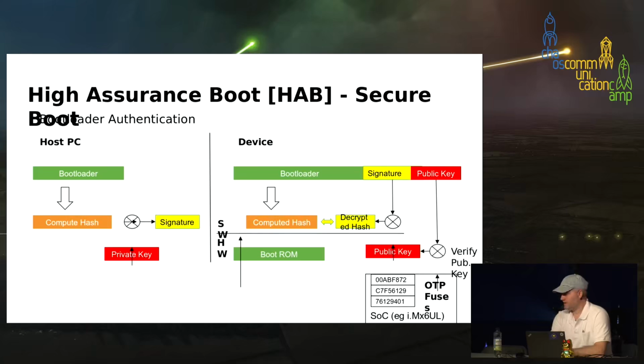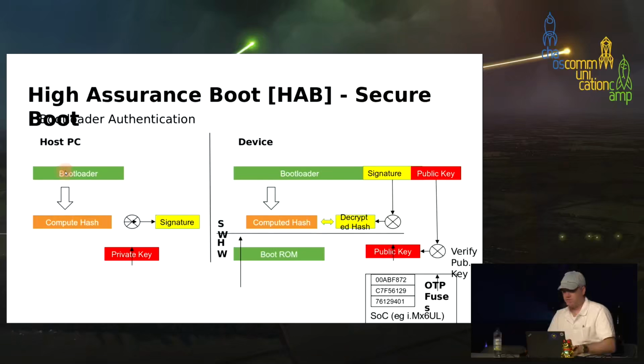If this is fine, the public key will be used to decrypt the signature, and the decrypted signature will be compared to a newly computed hash of the bootloader image, of the bootloader executable code. If the public key or signature do not match, the CPU will not start up this code, and it will just freeze. Nothing will happen.